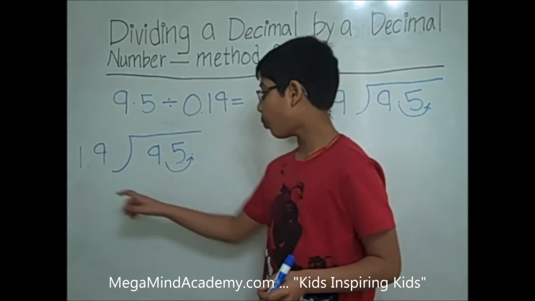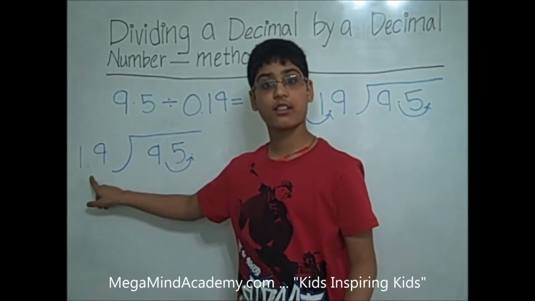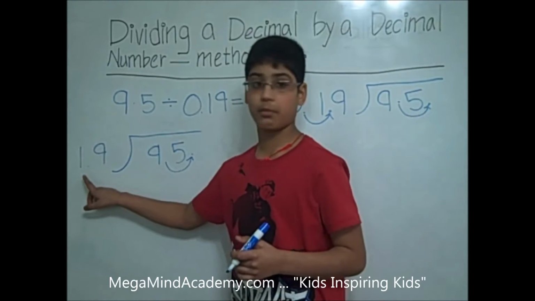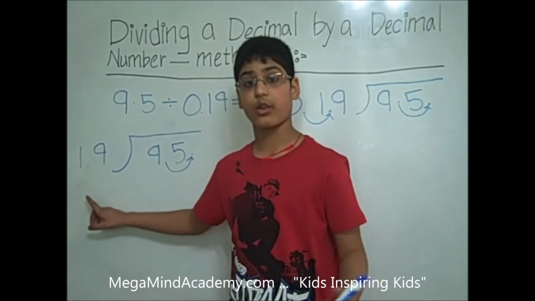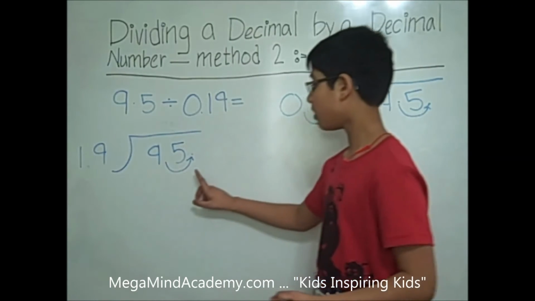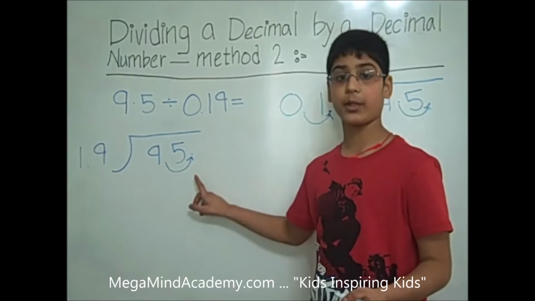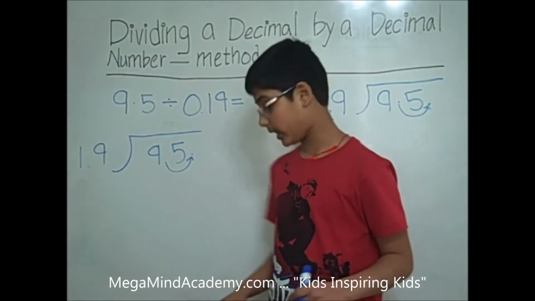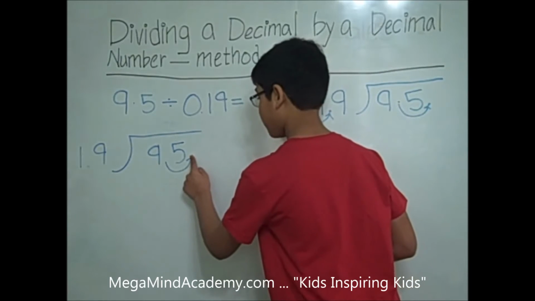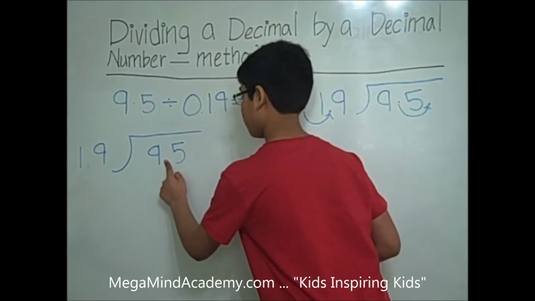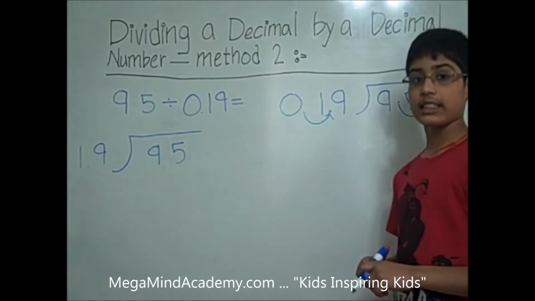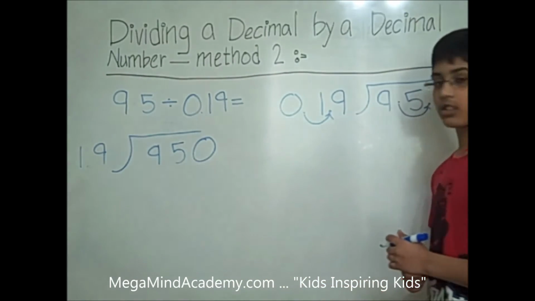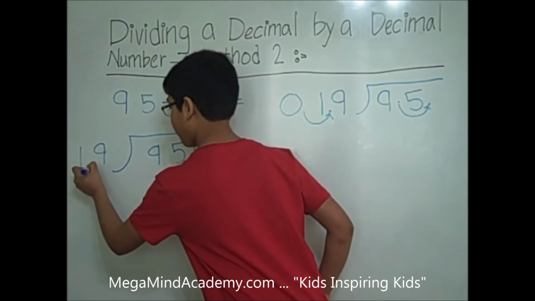Now, 1.9 is not a whole number yet. So, what do we do? Well, we move the decimal point again 1 space to the right. But 95 is a whole number. So what do we do? Well, we take out the decimal point, and then instead of the decimal point, we put a 0. So, now we move the decimal point here.